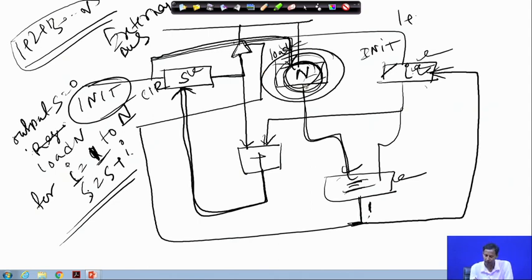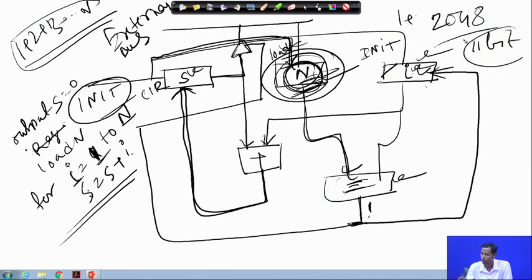So, can I reduce or remove this n? Why do I need to remove it? Because, let us consider that n value is 2048. 2048 needs 11 bits, so I need 11-bit registers over here.